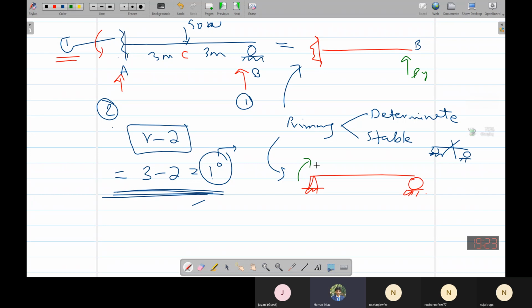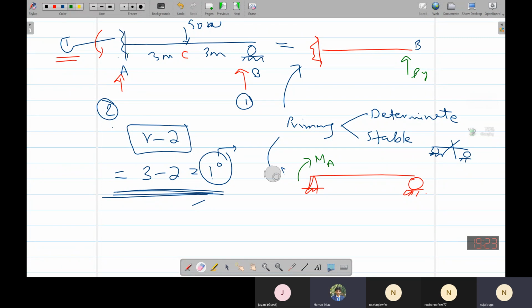Then our reaction will be a moment at A. Is this step clear?